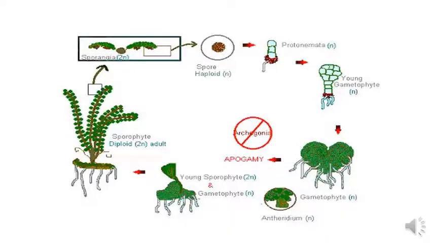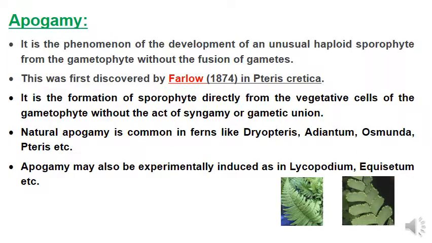So apogamy is the phenomenon of the development of an unusual sporophyte from the gametophyte without the fusion of gametes. It's just an unusual process. Generally it does not happen and rarely happens in plants, but it is a most common phenomenon which takes place in pteridophytes.